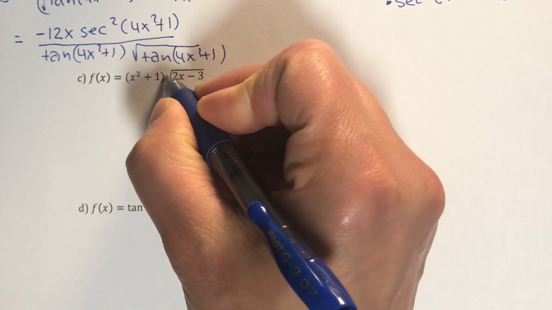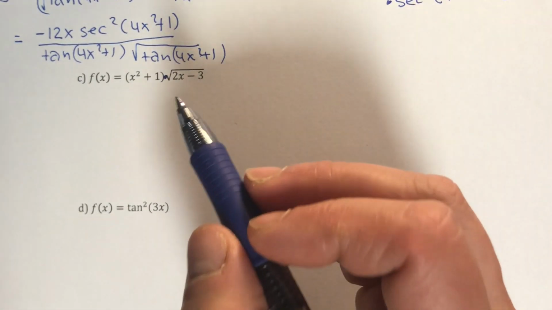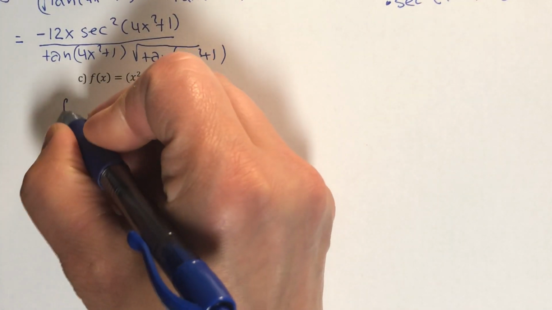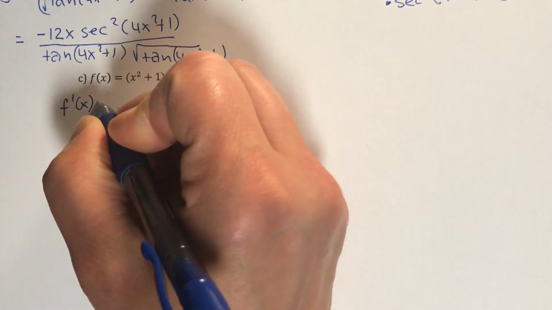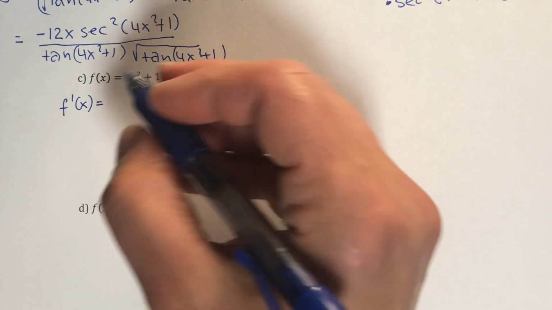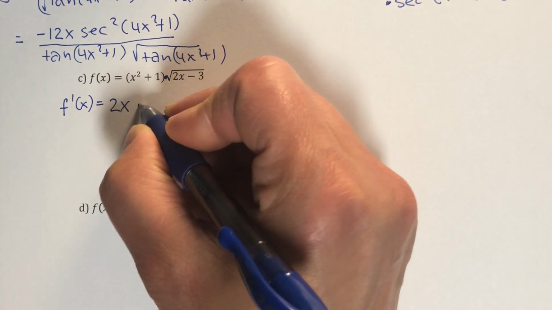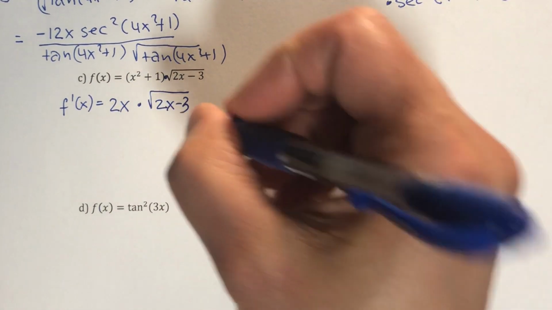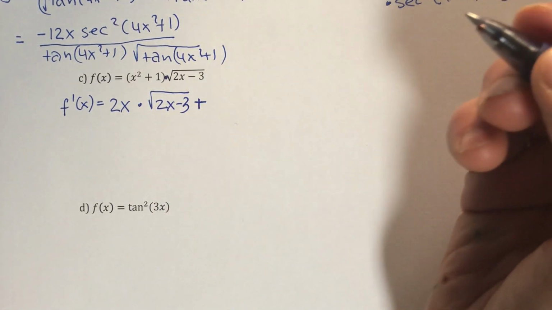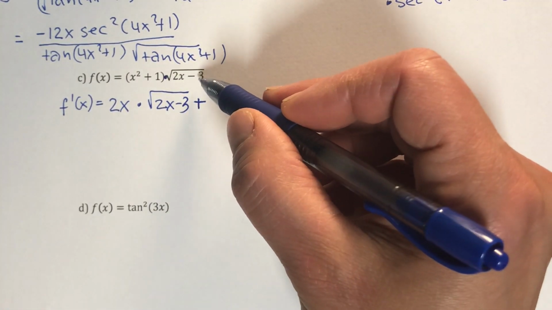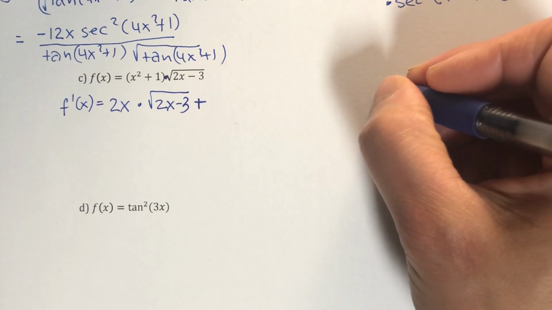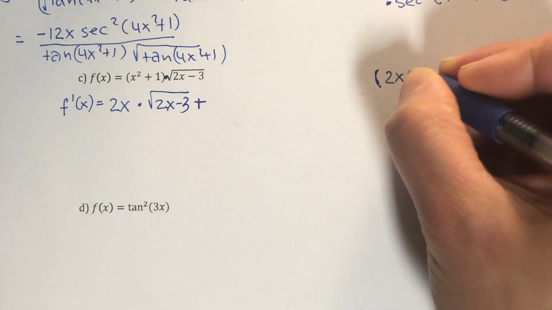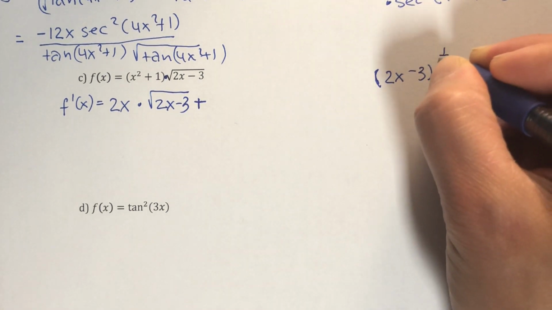So I have a product, and in order to find the derivative, I'm going to find the derivative of the first one, which is 2x. I'm going to multiply it by the second one that I am not going to change, and then I'm going to say plus, and I need to find the derivative of this. So this is what we were doing yesterday, and maybe some of you picked this pattern up already. 2x minus 3 to the power of 1/2.